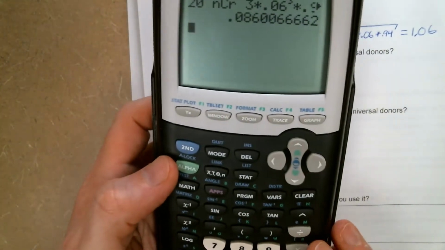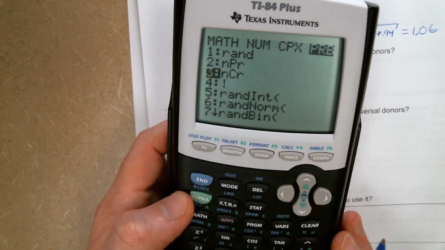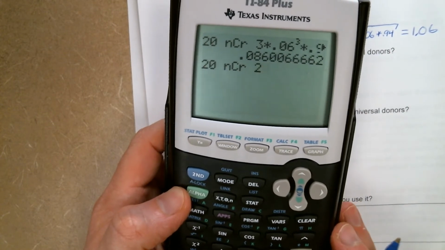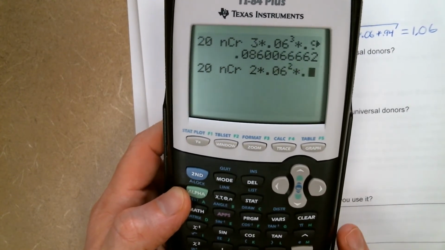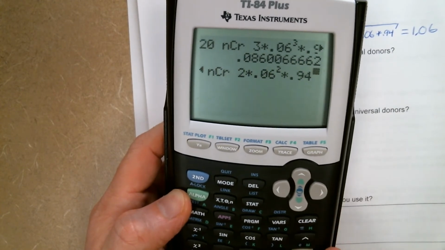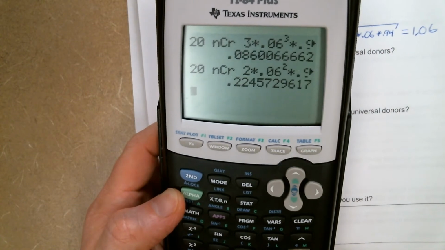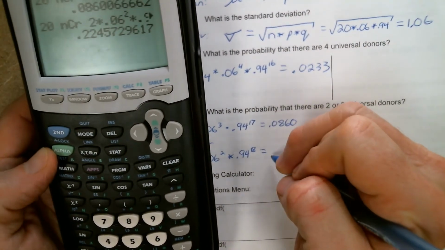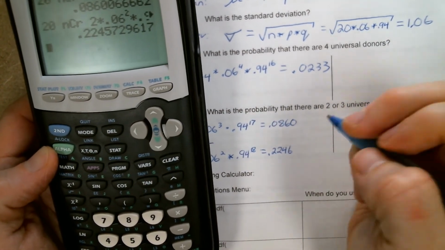And then this one down here, again, 20, math, probability, nCr, choose 2 times 0.06 squared times 0.94 to the 18th. That gives us 0.2246.